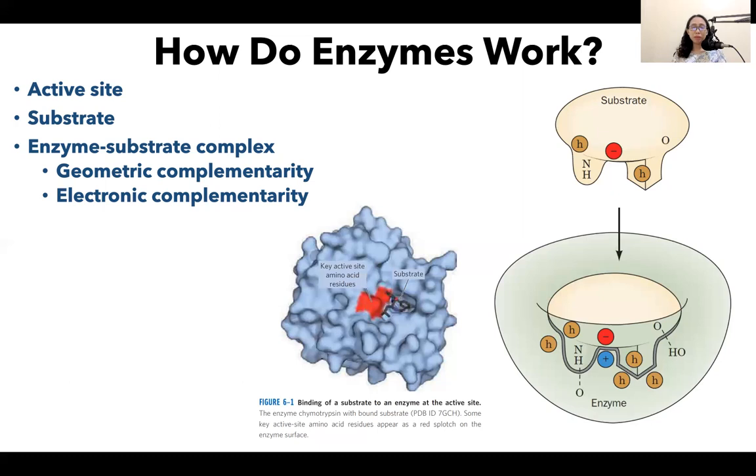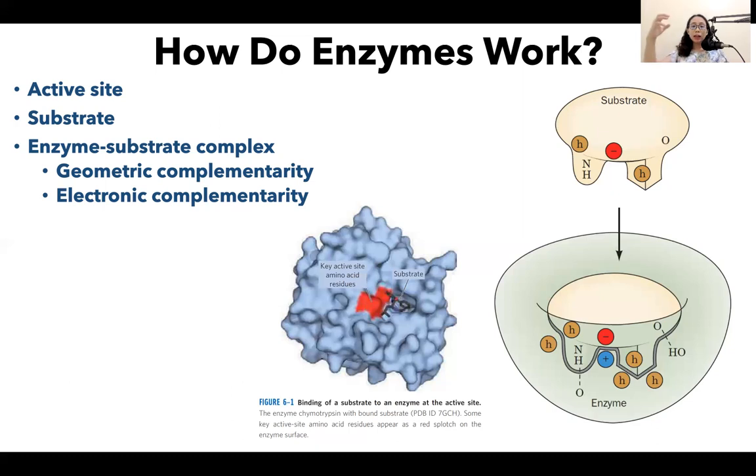If we include the fact that the atoms in your molecules are not rigid, but actually flexible, moving in real time, there is what we call the induced fit model. In the induced fit model, we don't immediately see the complementarity, especially the geometric complementarity between the substrate and the active site of the enzyme.